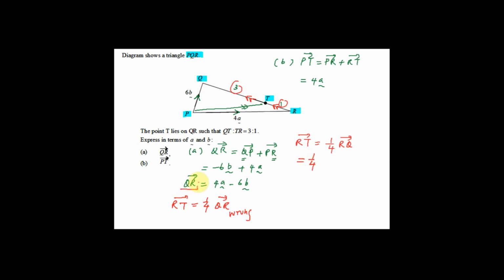I know my QR. So RQ should be the negative of this, which is negative 4a plus 6b. Expand it, you have negative a plus 3 over 2 b. Now we can substitute here, RT equals negative a plus 3 over 2 b. You have 4a minus a, which is 3a plus 3 over 2 b.